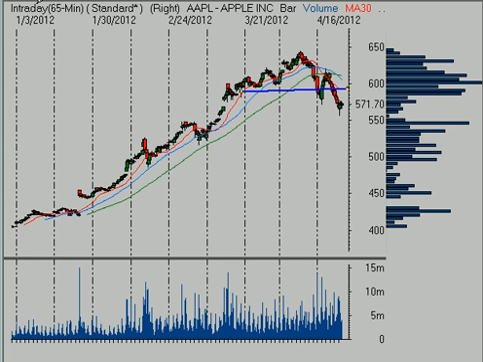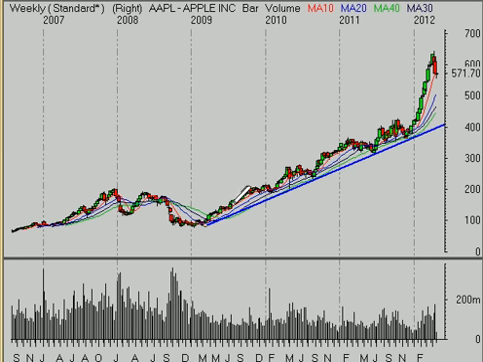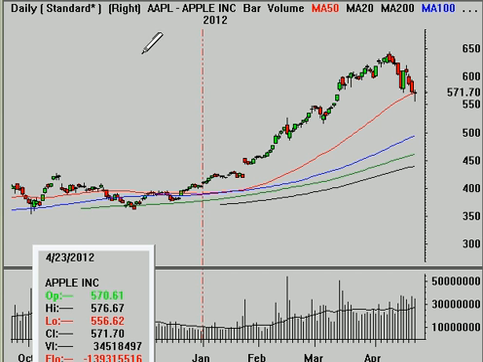Let's say if you bought a stock at 600, it drops to 560 in a couple of days, you'd be thinking, well, wait, I'm down now. If you can just get me back to break even, then at that point I'll sell it. And anyway, that creates a source of supply for the stock.